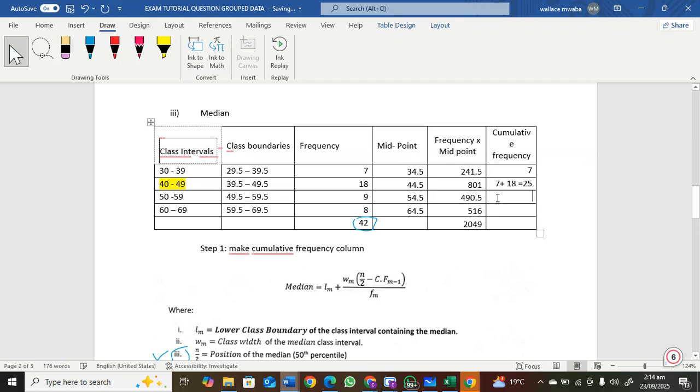Now, this method I'm doing is just for everyone to understand. There's a shorter method you can do, but I just want everyone to get the concept. The next one is 7 plus 18 plus 9, which is the same as saying 25 plus 9, that gives us 34.